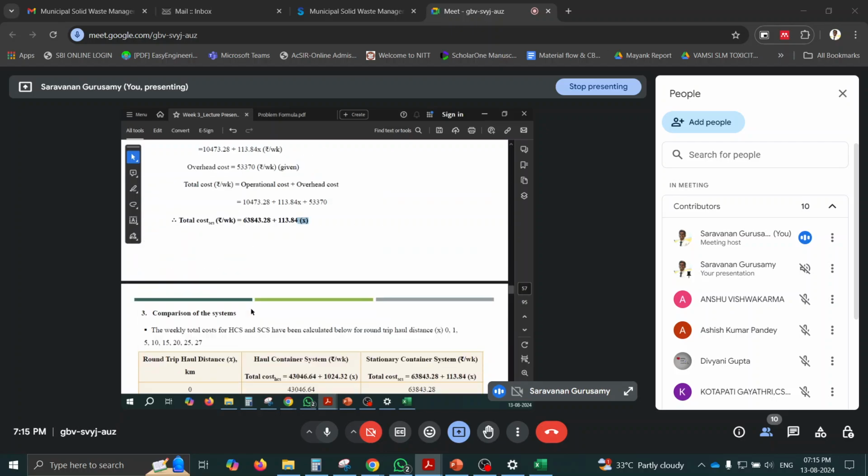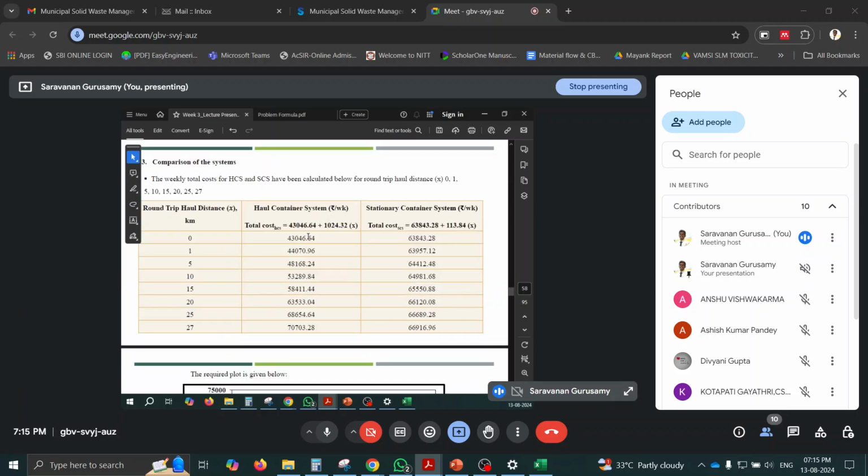If you assume any value for X like 0 miles, 1 mile, 2 miles, 5, 10, 15, 20, like that, we are getting the total cost for both the hauled container and the stationary container system. Here you see up to here 58,000, here 65,000, here 63, 66. About 20 miles, if you go to 25 miles, it is 68 and 66.